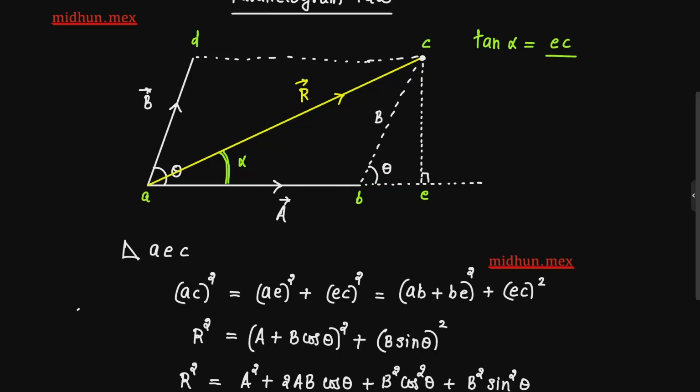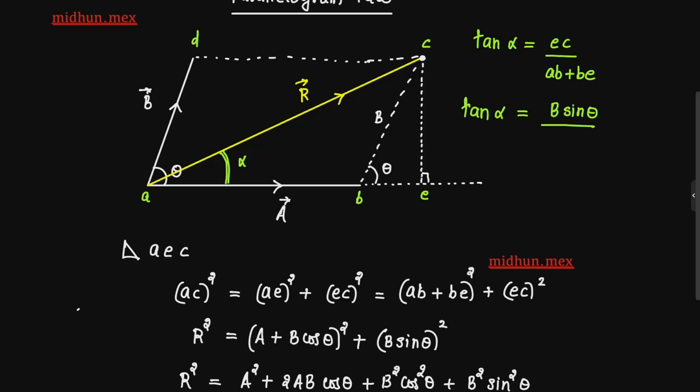The adjacent side is AE, so we can write AB plus BE. Now I am substituting the values. Directly I can write tan alpha is equal to EC. Already we have written that the EC value will be B sin theta.